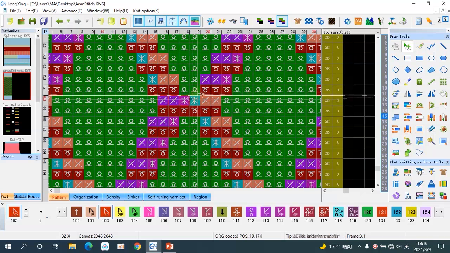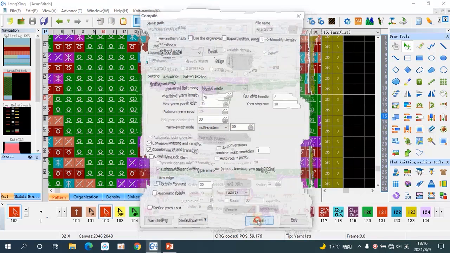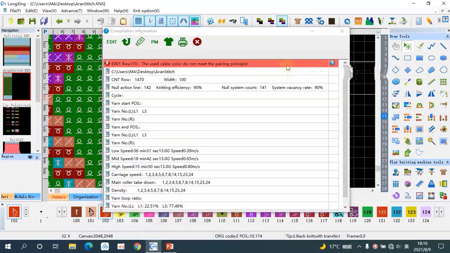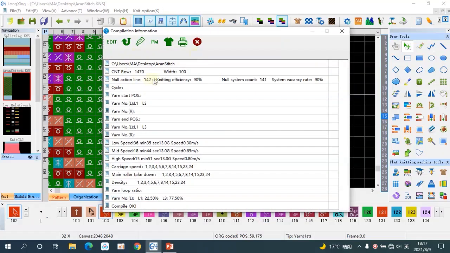Now if we use the same group, like we use the second group, then compare, now you can see there will appear an error. The used cable colors don't meet the pairing principle. So in there we must use two groups. Now you can see it's okay.